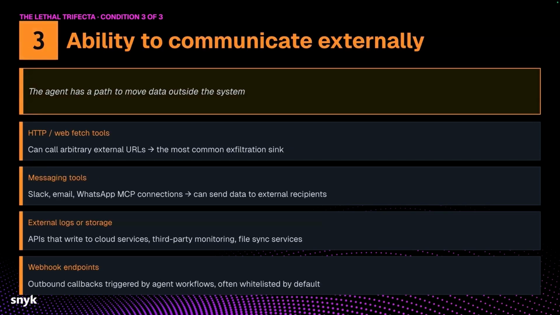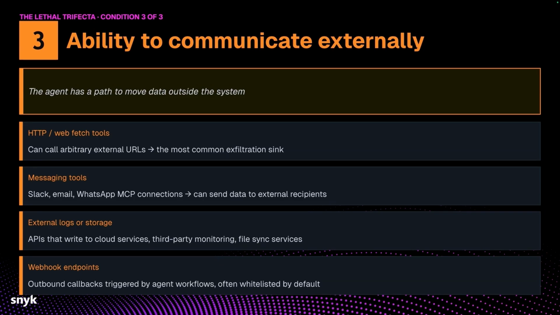And the last one is the ability to communicate externally, because they need to actually send out the information, the data, the credentials that they've captured. So the agent has that path to move data outside of the system, and they can do it in different ways. So leveraging the web fetch tools, the HTTP requests, where they can call arbitrary external URLs. We've seen it with Cursor in Jira, with the waffles interpolation with the credentials.